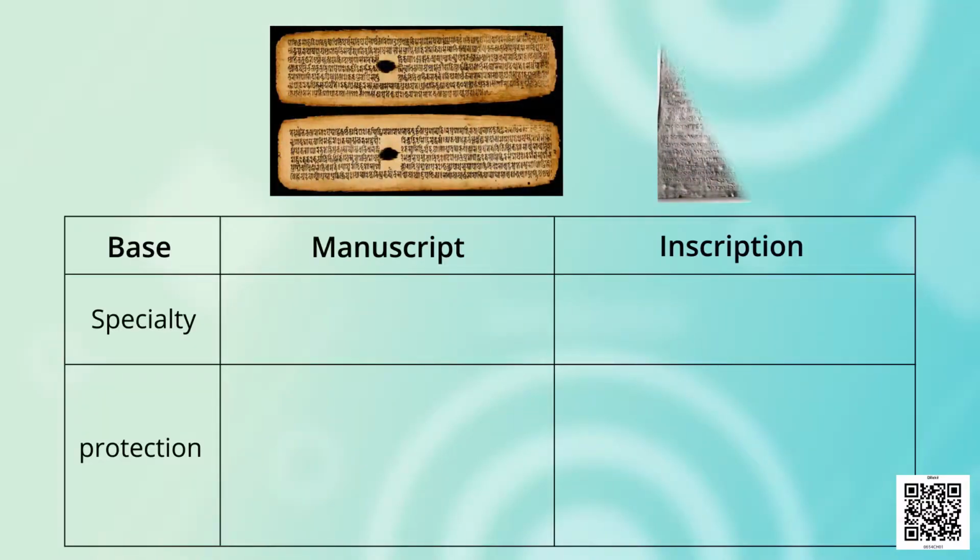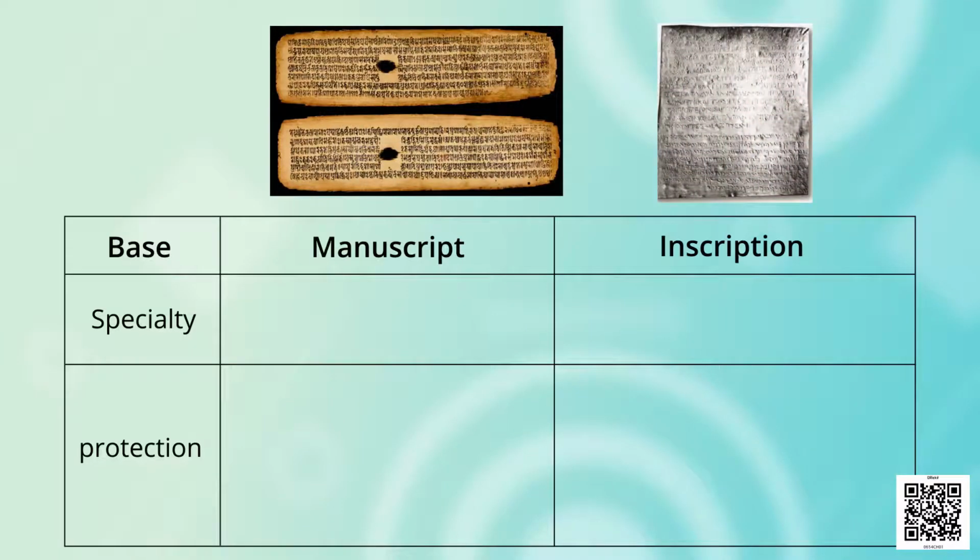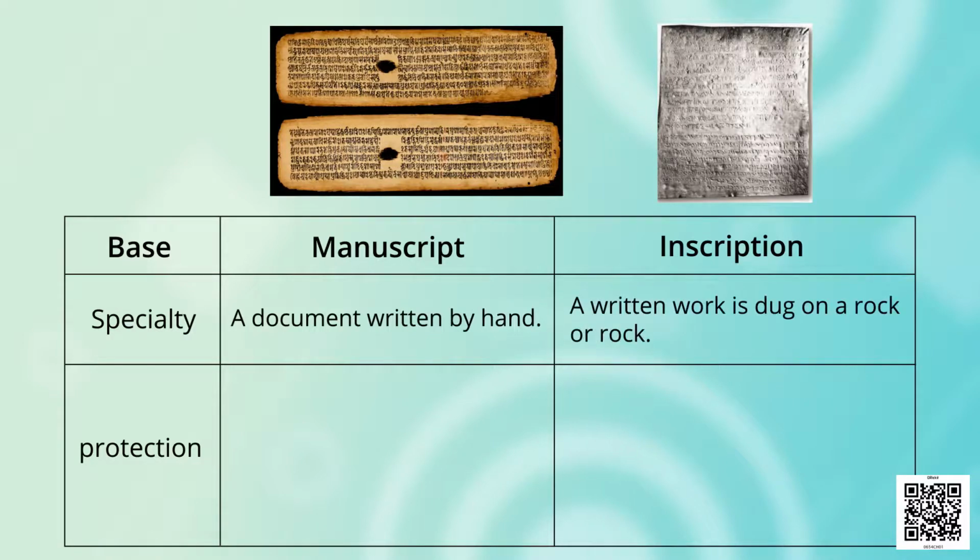Now let's take up the difference between a manuscript and an inscription. On your screen you can see two pictures. A manuscript is a document written by hand. On the other hand, an inscription is a written work which is engraved on a rock or any solid surface.